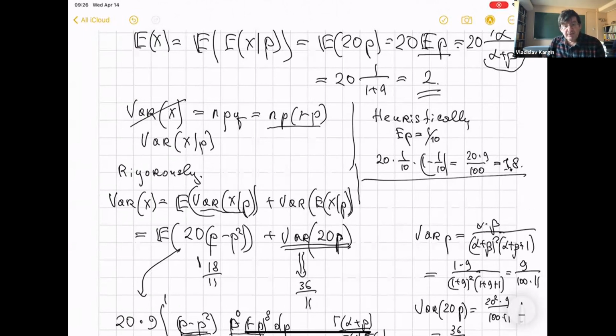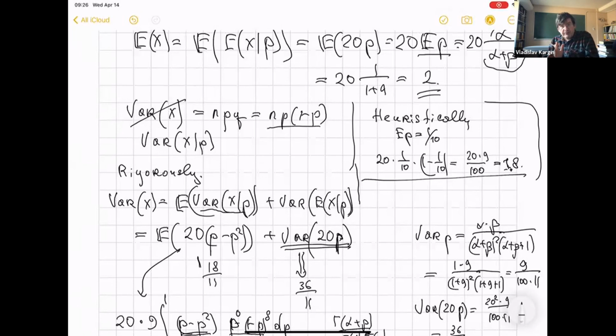And this is just because the portion which comes from the variation in P is very large. So heuristically, we assumed that P is equal to its average value, and calculated the variance of X given that P is equal to its average value.